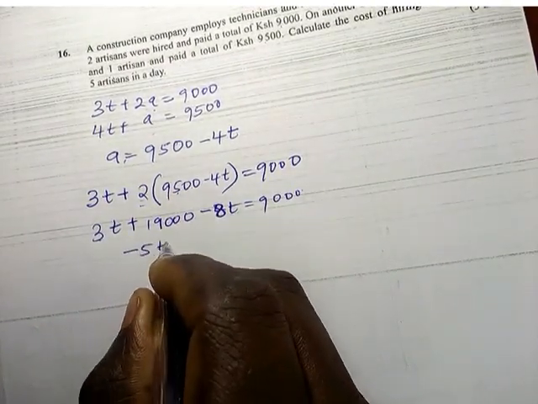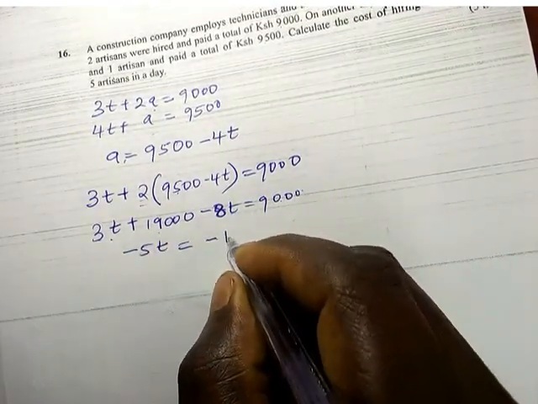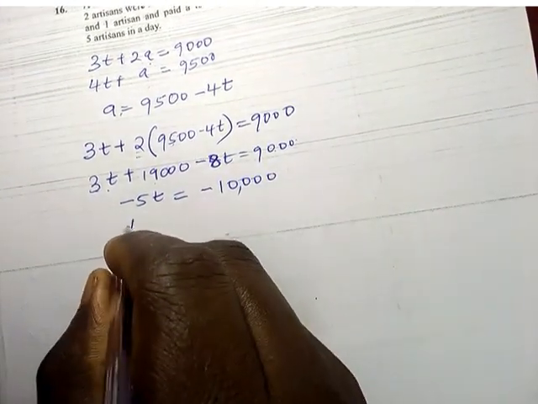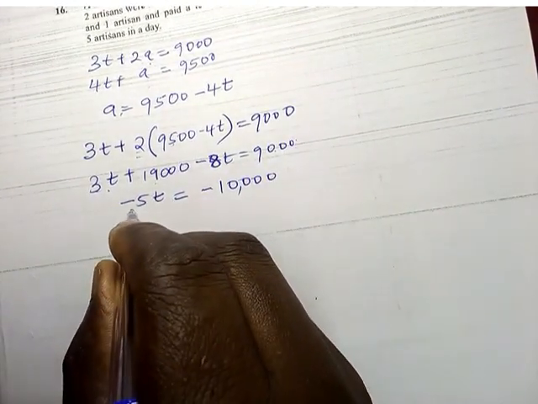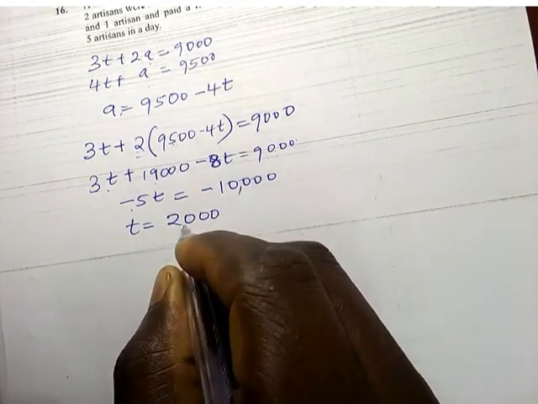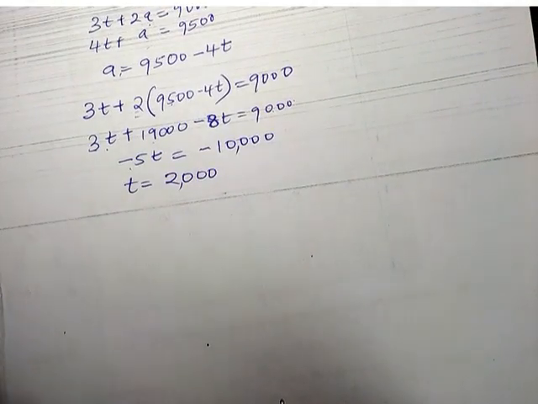Minus 5t, taking like terms together, will be equal to minus 10,000. So t is equal to, you divide by negative 5, t will be 2,000 shillings.